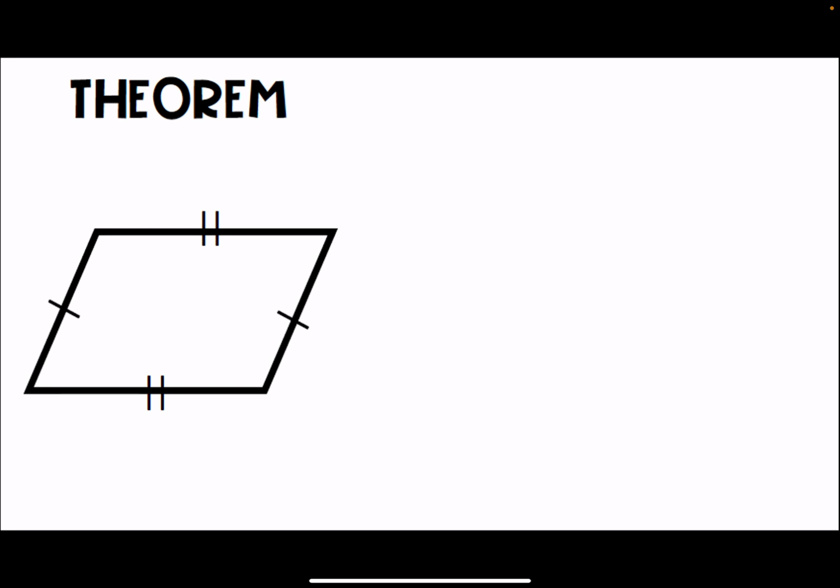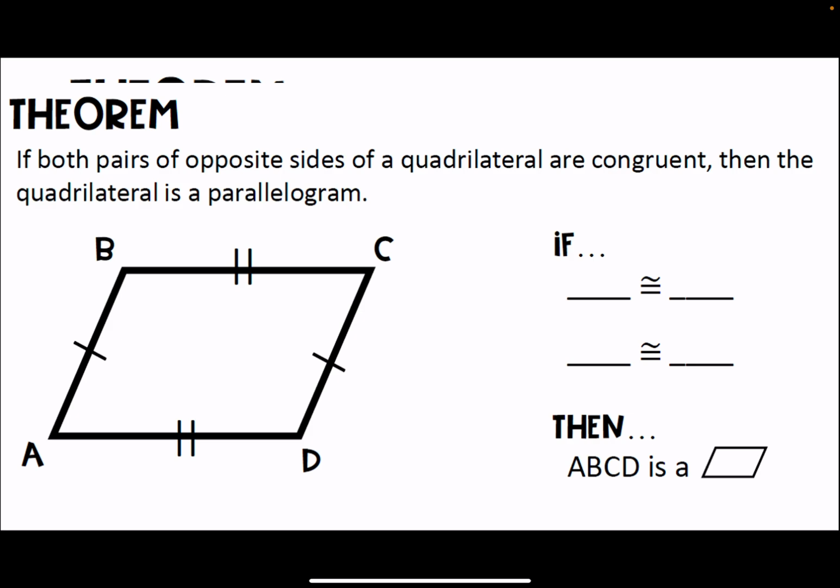All right, on to the next one. You might be able to guess what we're going to talk about in this, and you're probably right. If both pairs, this one's super important, of opposite sides of a quadrilateral are congruent, then the quadrilateral is a parallelogram. So if AB is congruent to DC, and BC is congruent to DA, then ABCD is going to be a parallelogram.